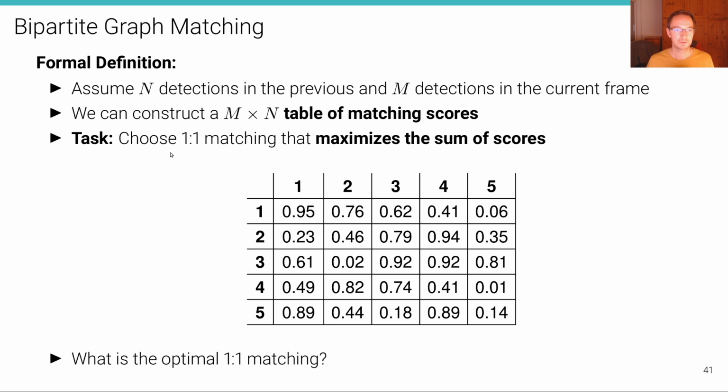And the task is to choose a 1 by 1 matching that maximizes the sum of scores. So what is the optimal 1 by 1 matching? If you look at this table, it's not so obvious, right? I think you would need to try a little bit and play with these numbers, subject to the constraints that we have, in order to find the optimal matching, even for a very simple case.